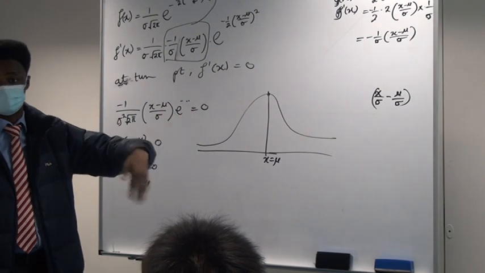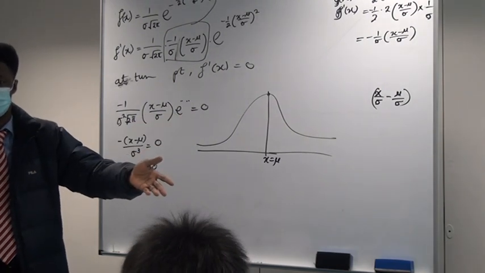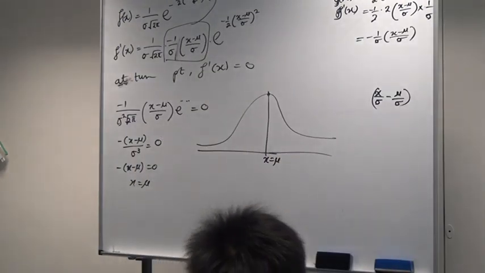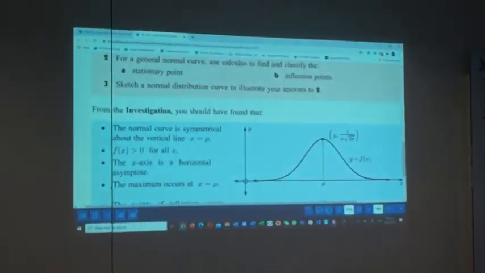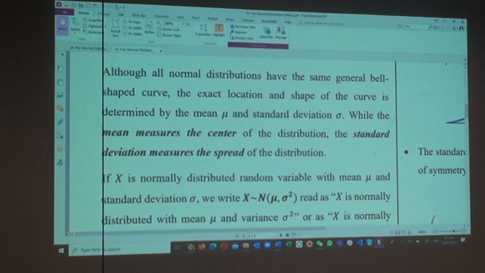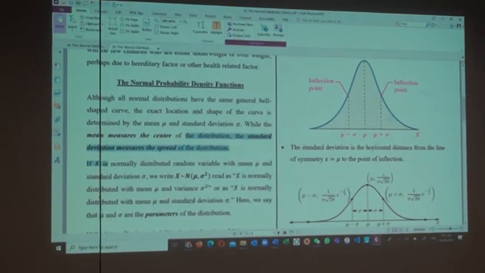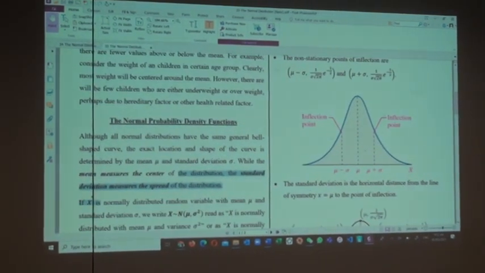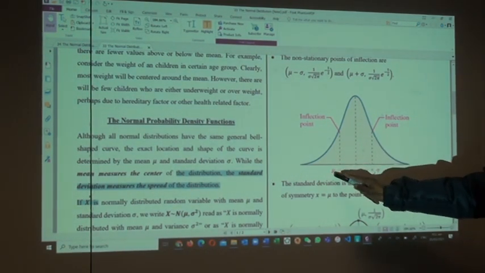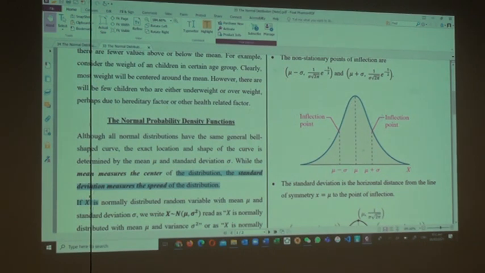At the point of inflection, the second derivative is equal to 0, right? If you do that, you are going to notice the result that I've given you. Let me project that. Because of our time, I don't want us to go into that. There are 2 points of inflection, and in each case, you have this.